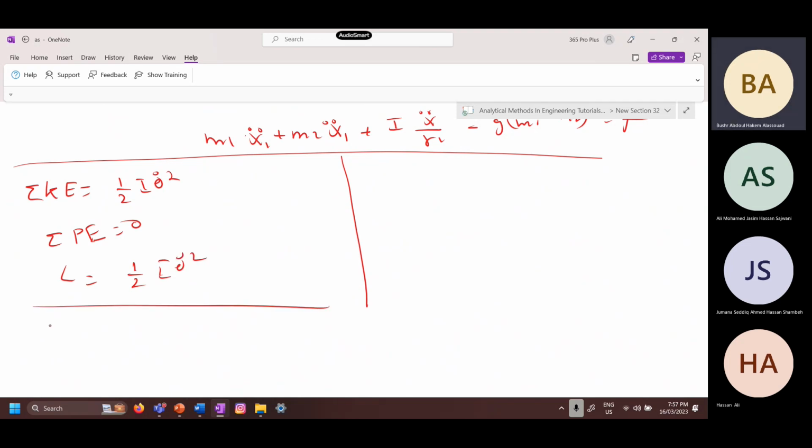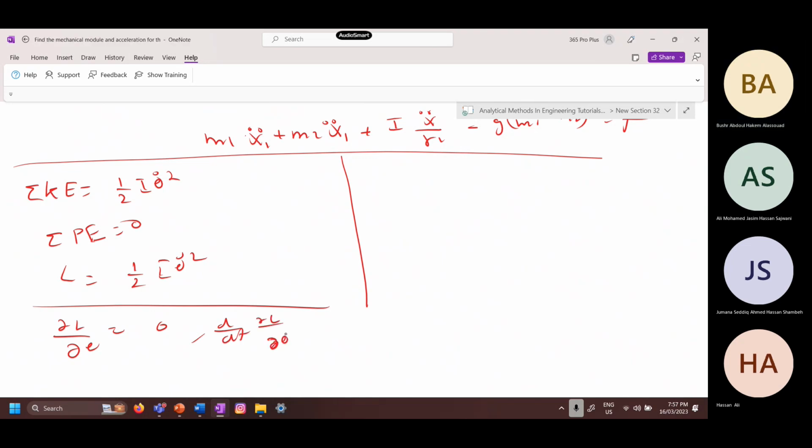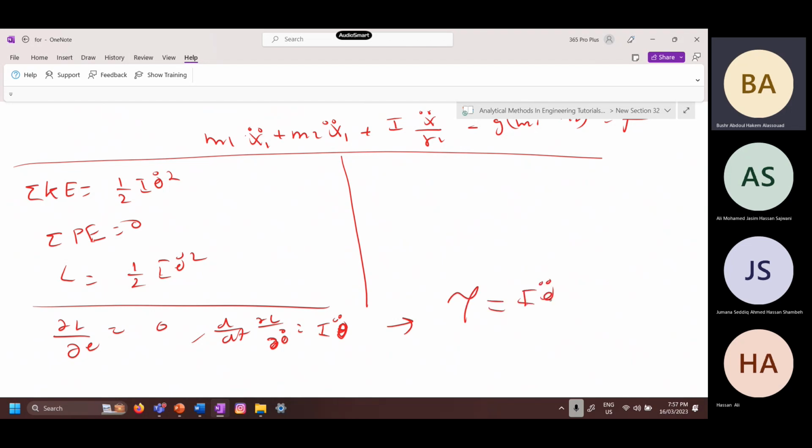So find the mechanical module: partial L over partial theta is 0, d/dt of partial L over partial theta dot is equal to I theta double dot, meaning that the torque is equal to I theta double dot.